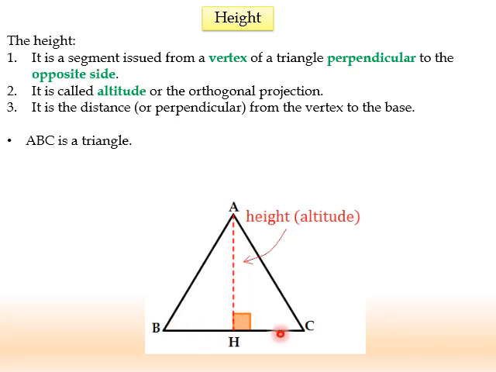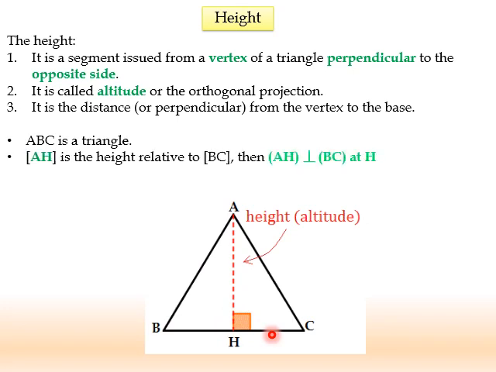It's the height relative to BC. I don't care if H is the midpoint of BC or not. I'm not talking about median. I can say that it's perpendicular, so it's height. Don't be confused, it's easy, but you have to concentrate. AH is the height relative to BC.